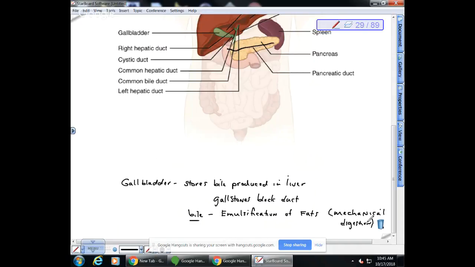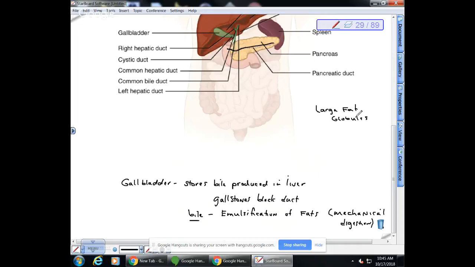So what it does is, I'll write it up here, you have large fat globules. And the larger they are, the less surface area they have. They're not soluble in water, so they're in your digestive tract, and they're hydrophobic, so they're repelled by water, so they tend to form up into large globules.